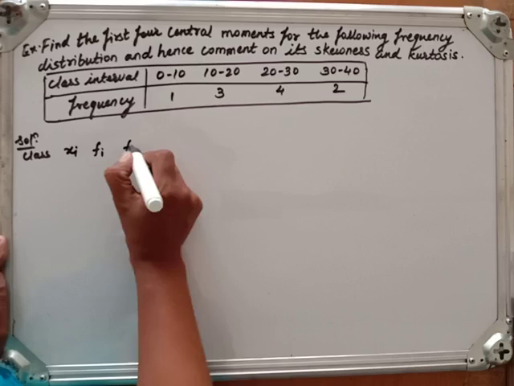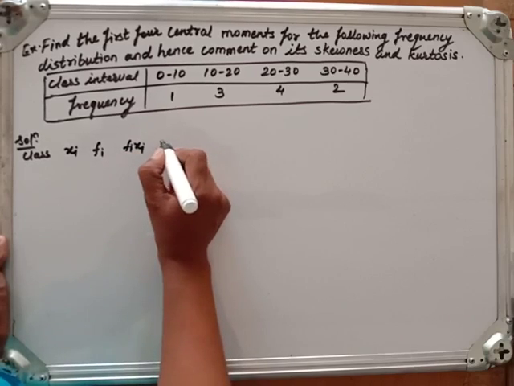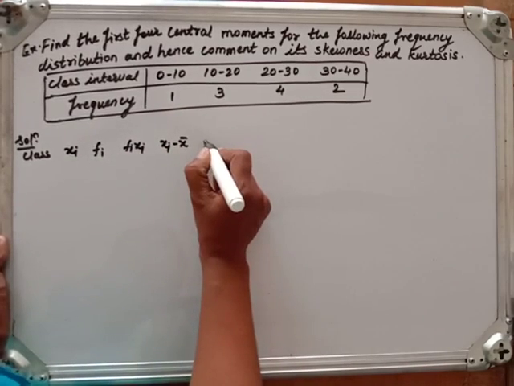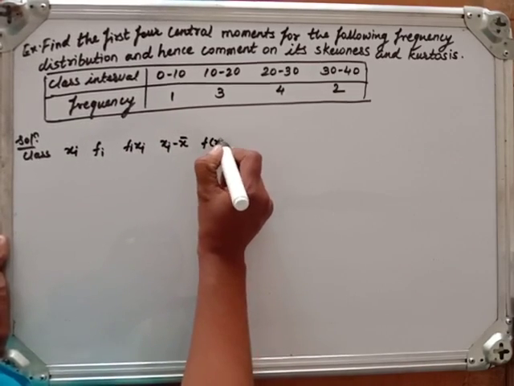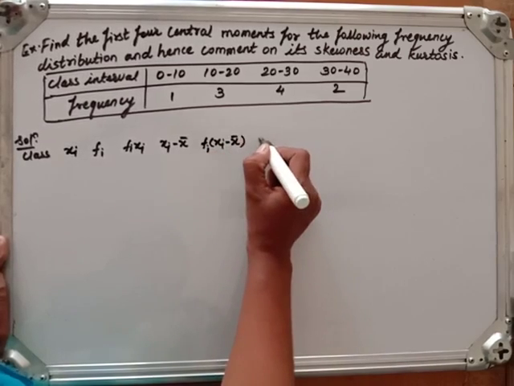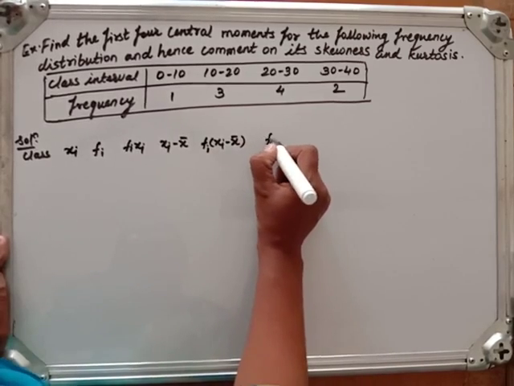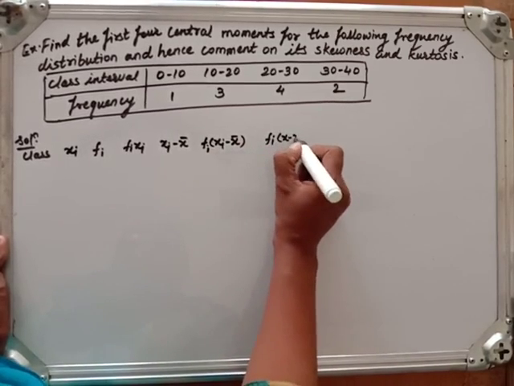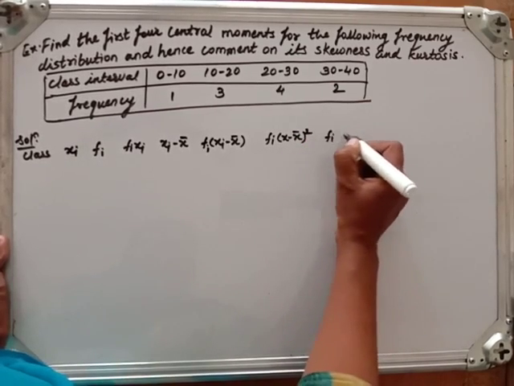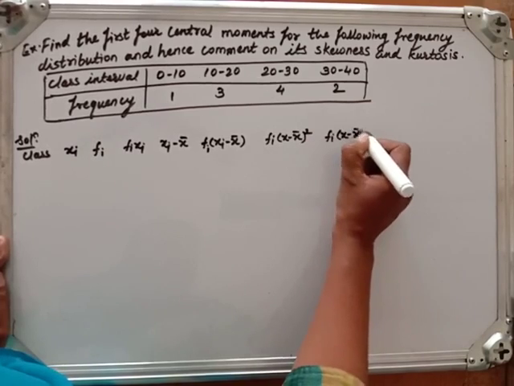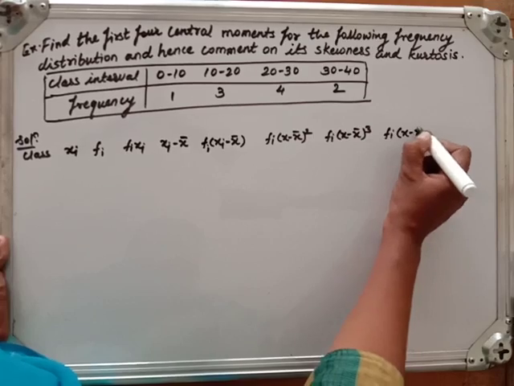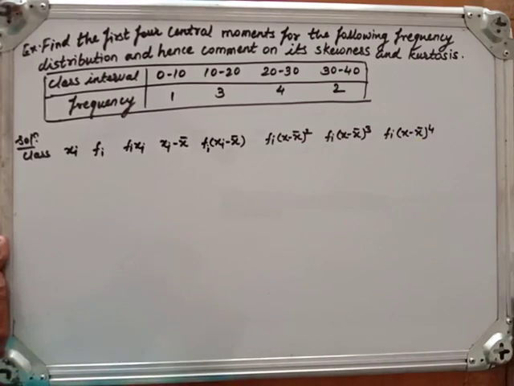So we will find fi xi, then xi minus x bar, then fi into xi minus x bar, then fi into xi minus x bar square, fi into xi minus x bar cube, and fi into xi minus x bar raised to 4. These things we need to find.